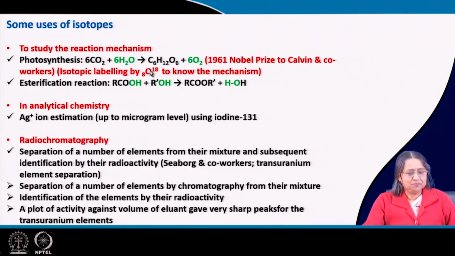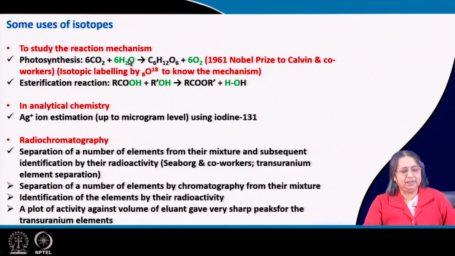Now, say for example, you take water with O18 and allow the reaction to go on. Then if you see that the oxygen produced contains O18, you will understand that this oxygen is coming from here.